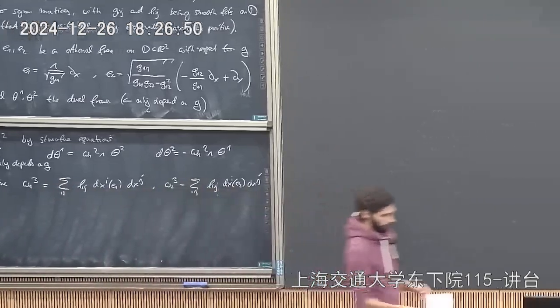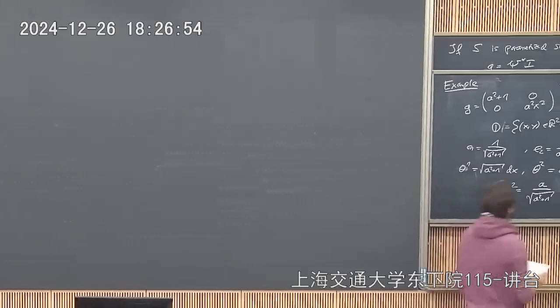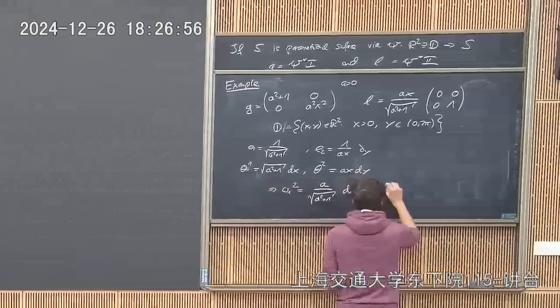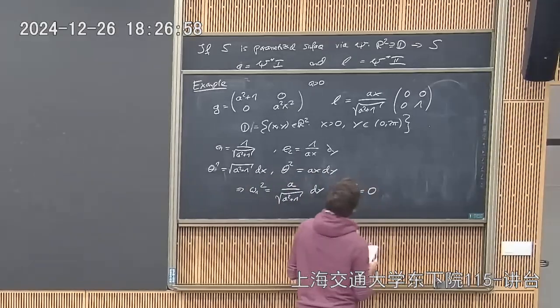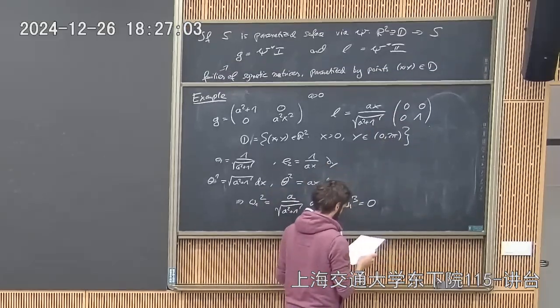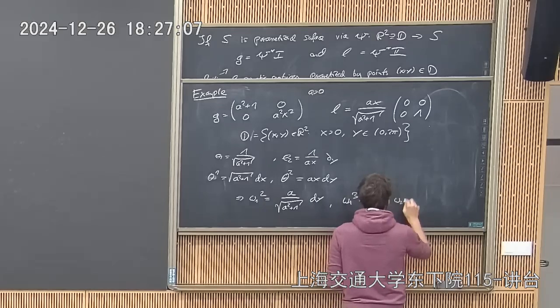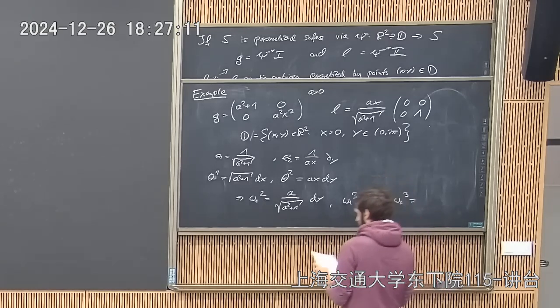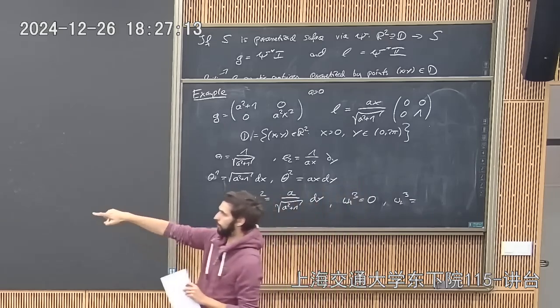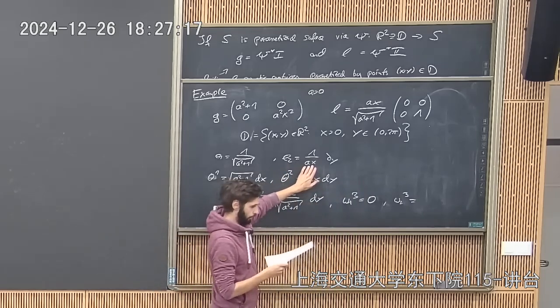So in our example, what we have here would be omega 1,3 just 0, because there's a 0 row, and omega 2,3. What we have to do is evaluate dy on E2, and that gives you this factor of 1 over x.